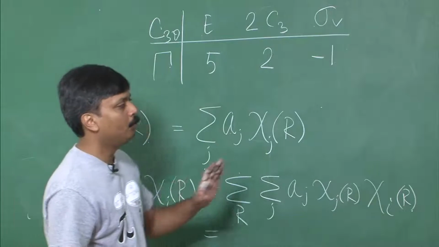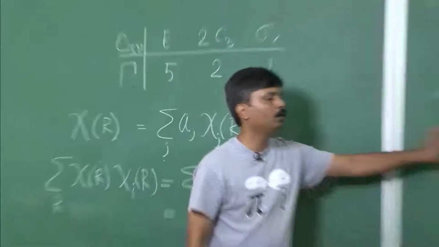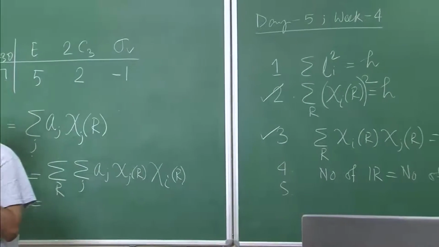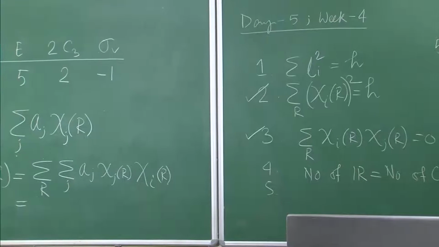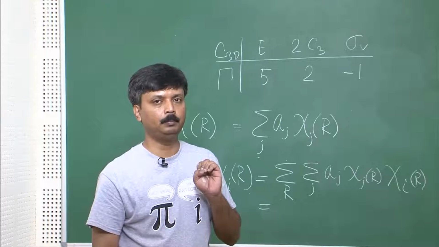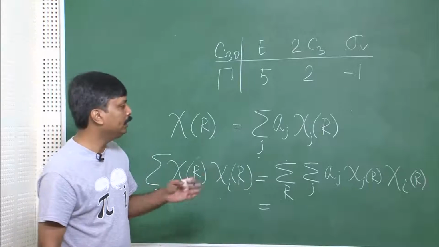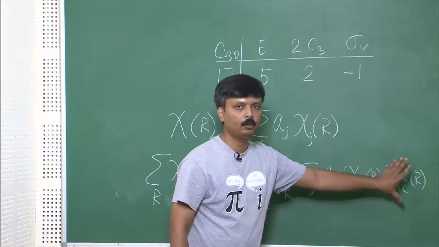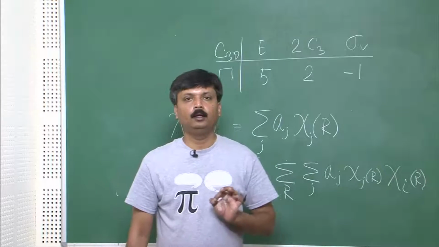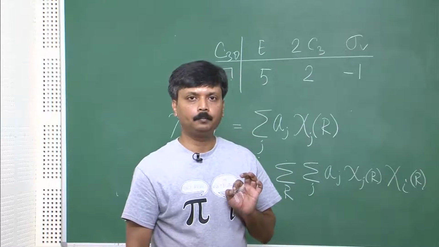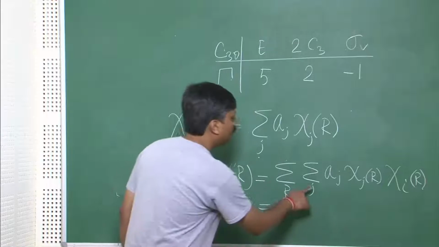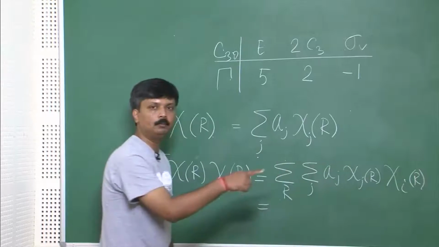Now from relation 3, what we know is that if they are different irreducible representations, then they will yield 0. So this term can survive only when i equals j. Fine. So if I put j equals to i, then only this term can survive.